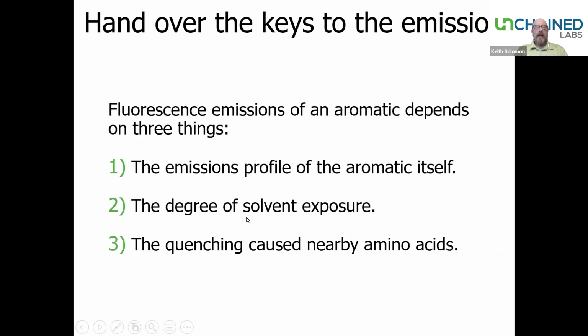There are three things that affect the fluorescence emission of a protein. It's the aromatic residues itself, but it's the emissions profile of those aromatics, and we just discussed that they are different. Not all the aromatics are the same. But also what affects the emissions profile of an aromatic is the degree of solvent exposure.